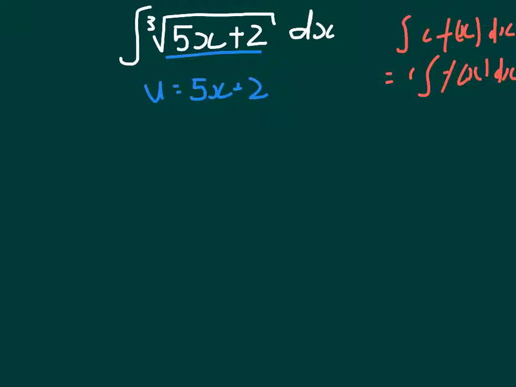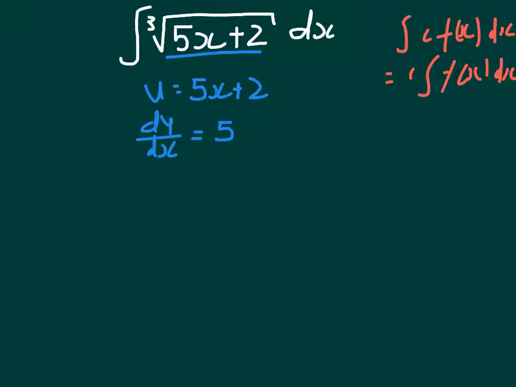And if we differentiate u with respect to x, we get 5. If we look at this original problem, it tells us somewhere we're missing a 5. But we can multiply my whole integral by 1 and I don't change anything.